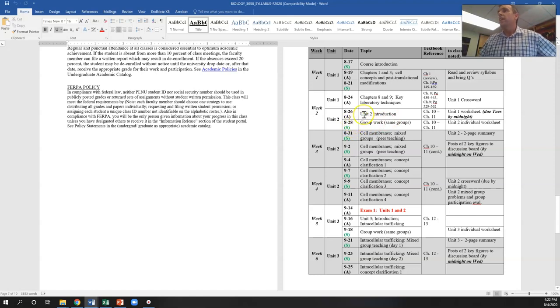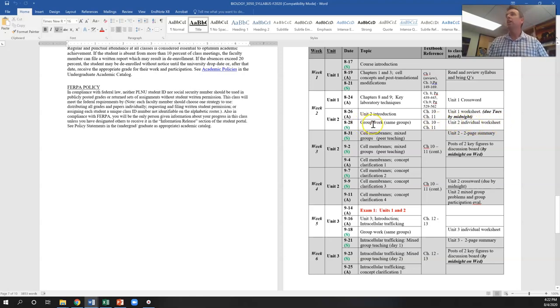Now, the next day is always the group work, same groups. So your individual worksheet, that portion where you've read that assigned part, is due on the 2nd day of that unit work. So that means you probably want to be working on this several days before, because this is probably the hardest part, most homework intensive part of each unit.